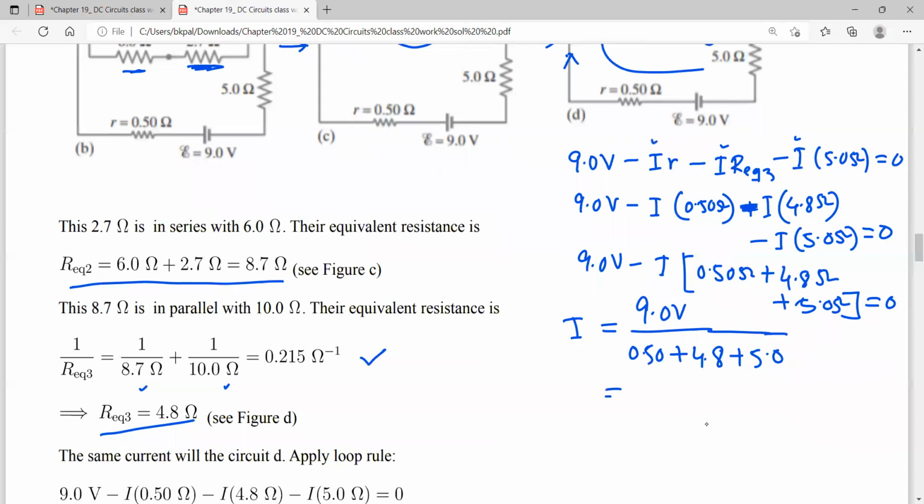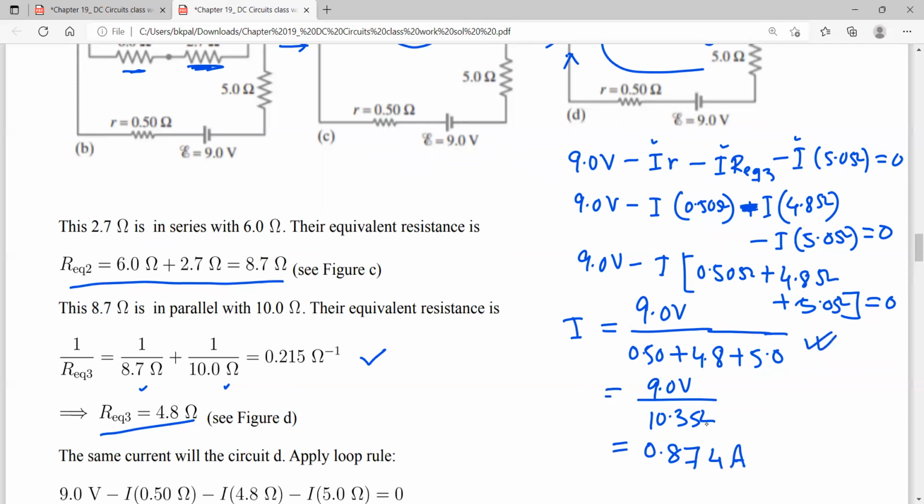If you do this calculation correctly, you should get 9 volt divided by 10.3 omega, so I is equal to 0.874 amp.